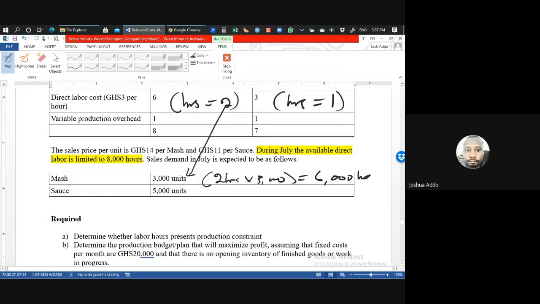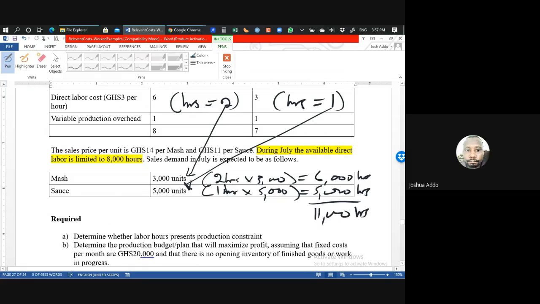Then for this one, each unit requires 1 hour. So this will be 1 hour times 5,000. And this will give us 5,000 hours. So for the whole period for the production of the two products, we require 11,000 hours.